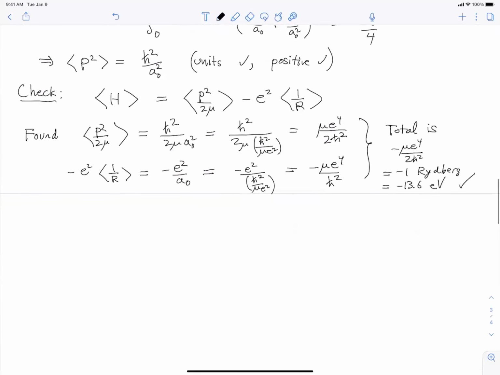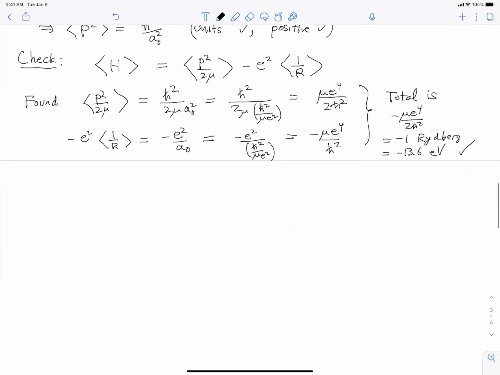All right, so let's do a little bit more with dimensional analysis. One thing you might say is that up to a multiplicative factor, you might have been able to guess things like the Bohr radius.